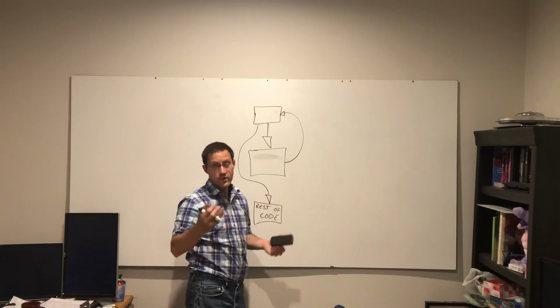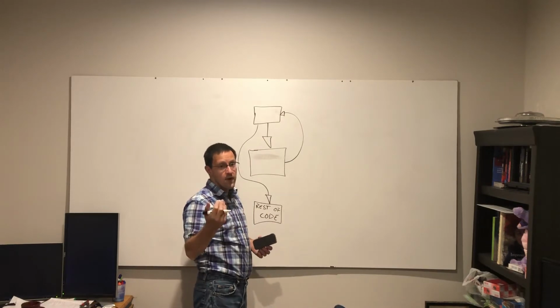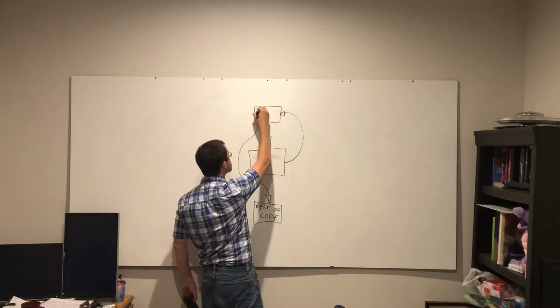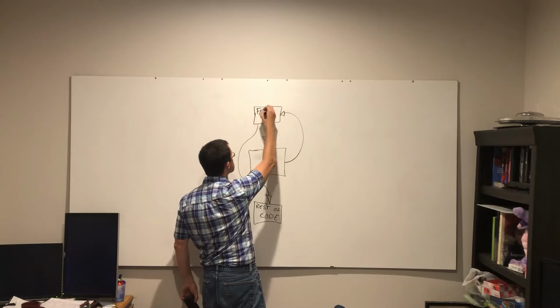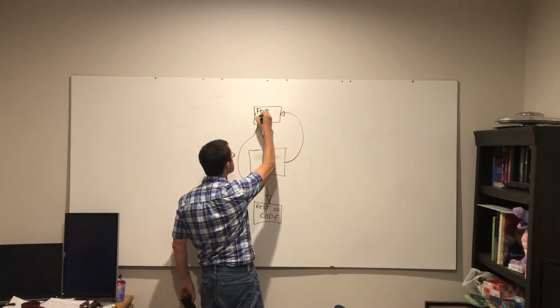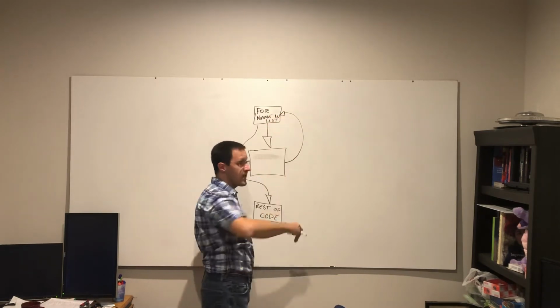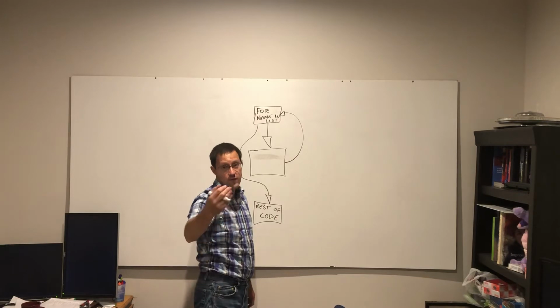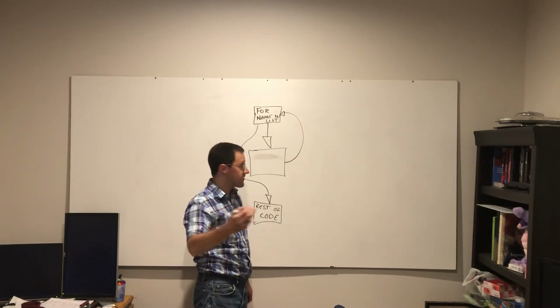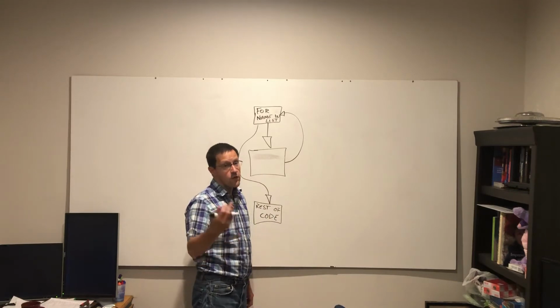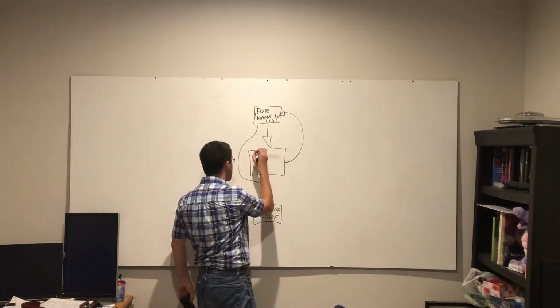So in the first example, we might have, say, a list of names. And for each person, for each name in that list, we then run our statements.